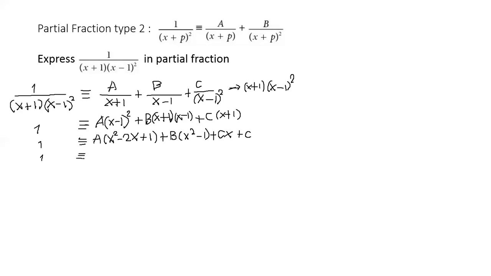And we may continue to expand, it becomes ax squared minus 2ax, okay, plus a. Yeah, a times x squared equals ax squared, a times negative 2x is negative 2ax, and a times 1 is a.